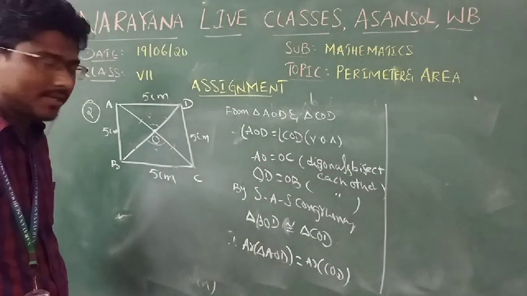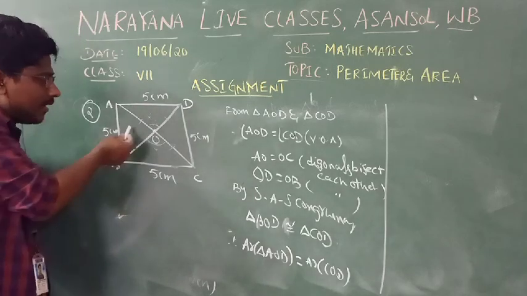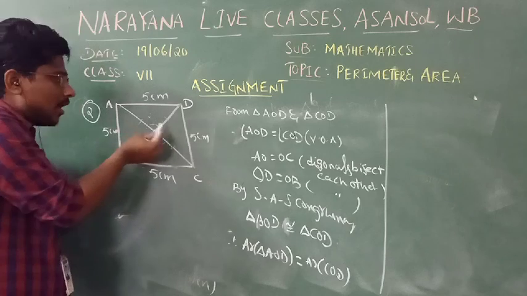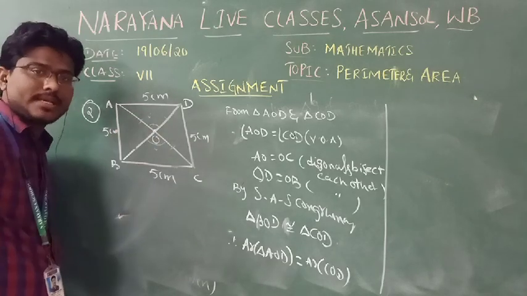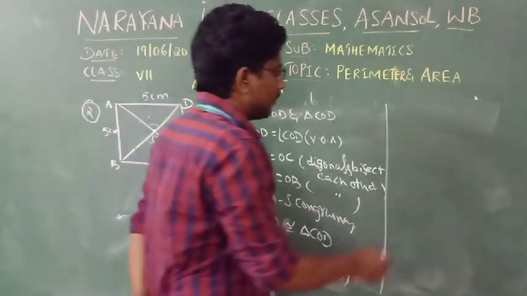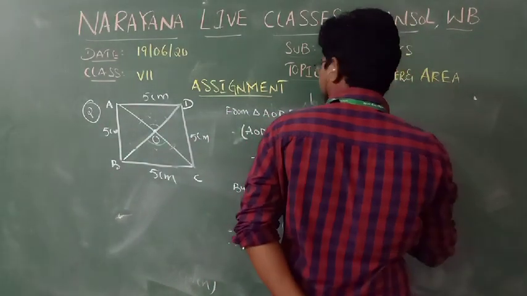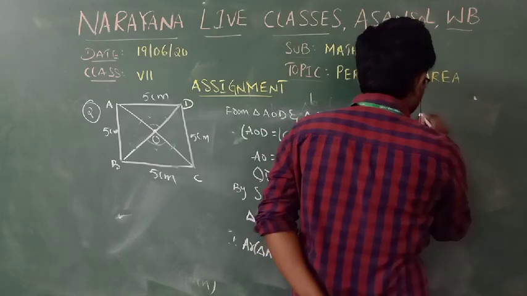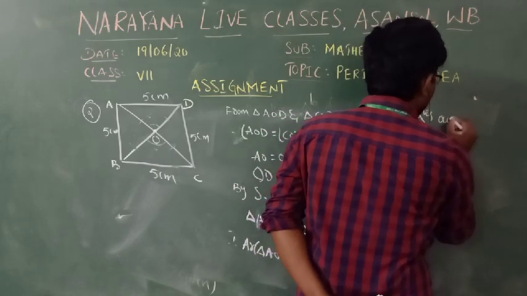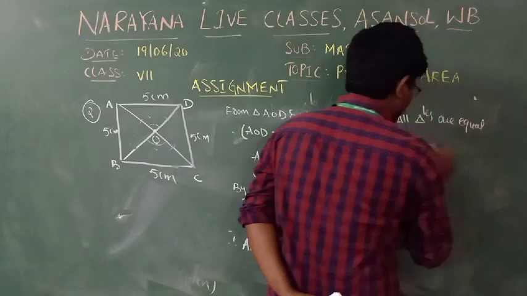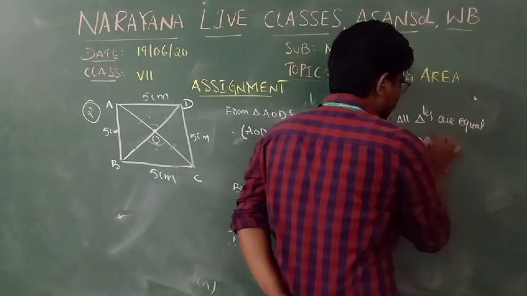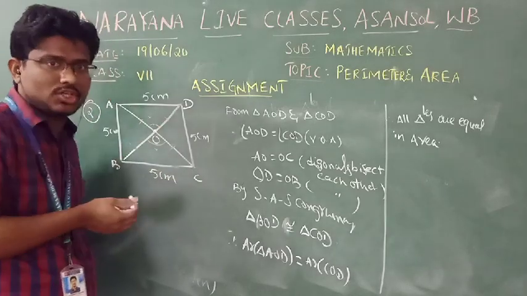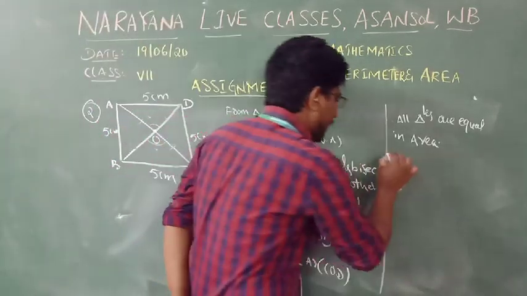Now, similarly, we can prove that this area is equal to this area and this area is equal to this area. So therefore, we can say that all triangles are equal in area. But suppose they ask to find the area of each triangle. Then how can we find it?